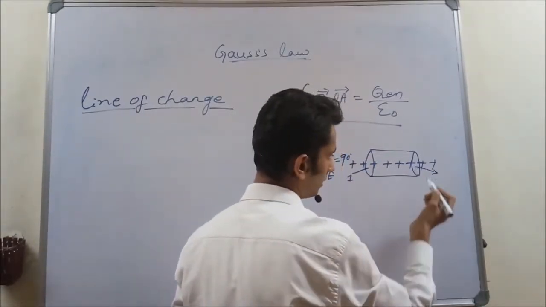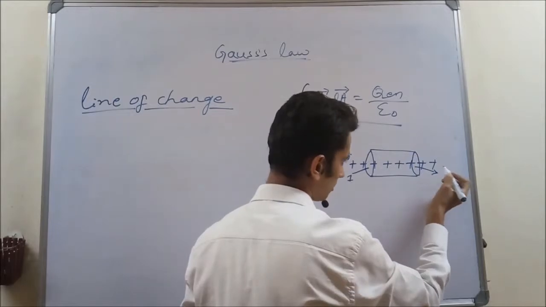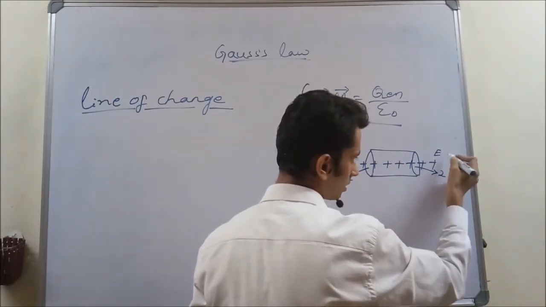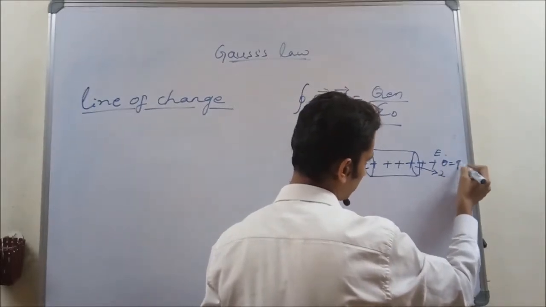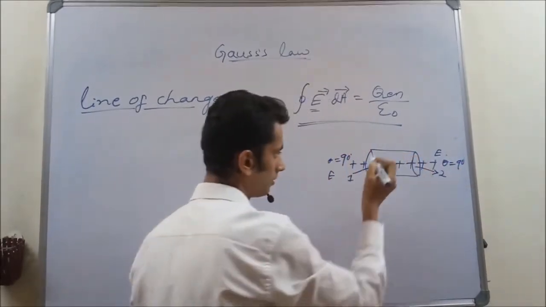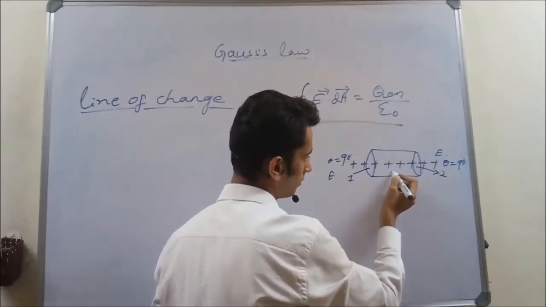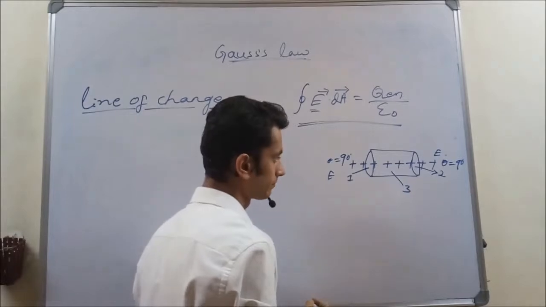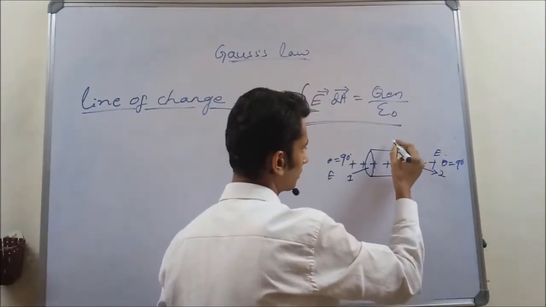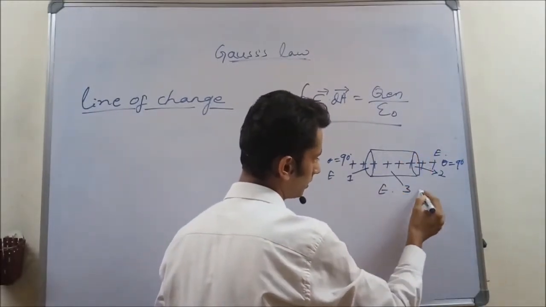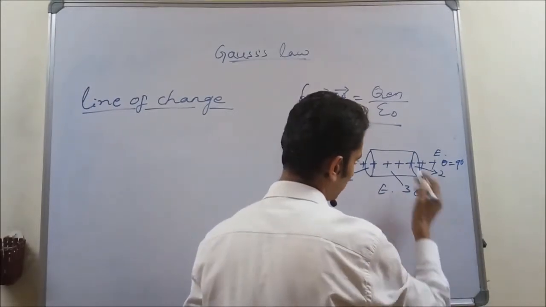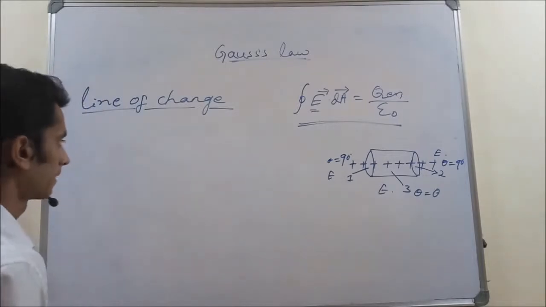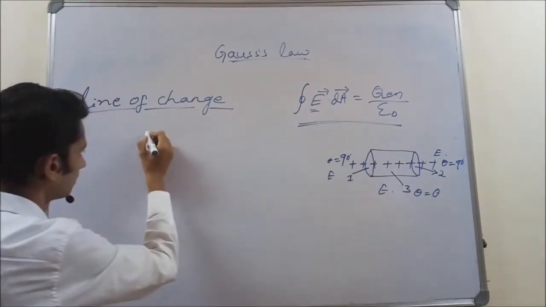And if we take the flat surface as our second surface, then here also the electric field is constant and theta is 90 degrees. And if we take the curved surface as our surface 3, then the electric field is constant and theta is 0 degrees at every small area of the curved surface. Then what will be the closed surface integral?